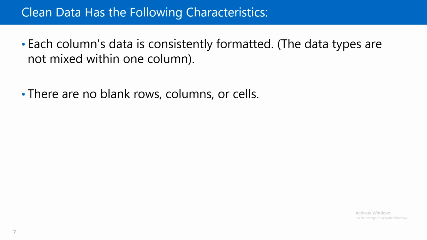That causes issues. We should try super hard to find our blank rows and blank columns. We should not have blank rows or blank columns. Now, we can get by with blank cells, preferably not, but we can get by with them.